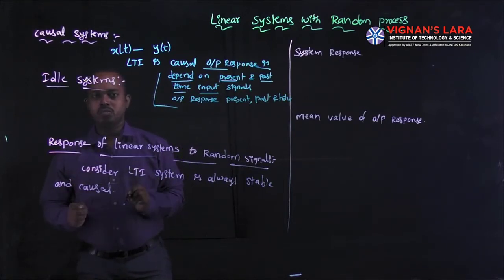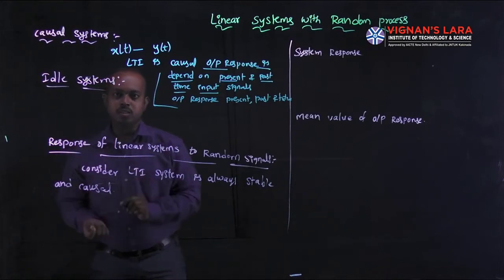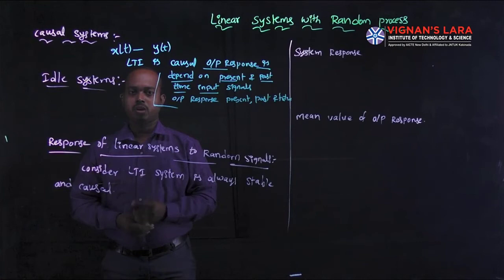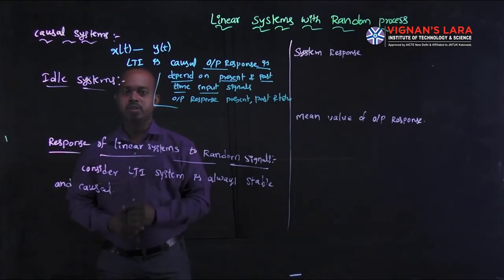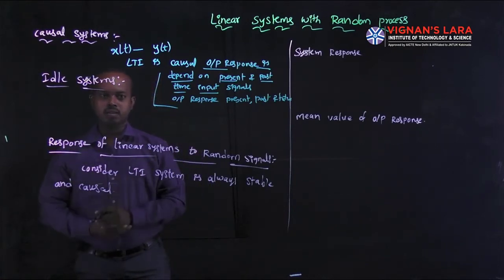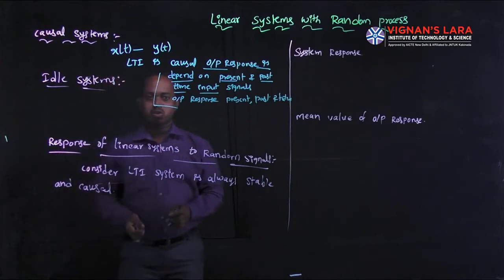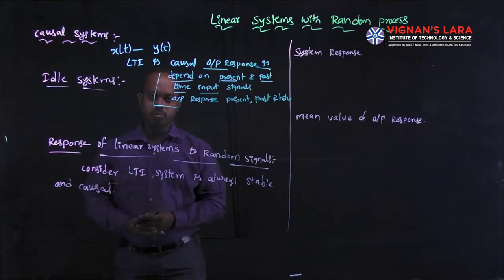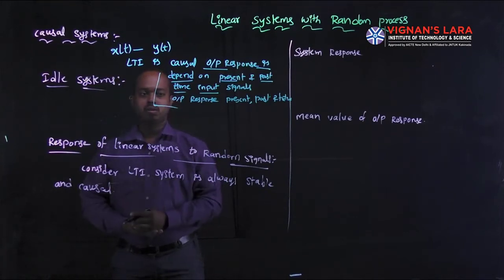A system whose output response depends on present, past and future time input signals is said to be a non-causal system. The non-causal system is not reliable. That's why we do not physically implement those types of systems. But we have to use this concept in memory devices. This is how to define the causal system, and what the reliable and non-reliable situations are.